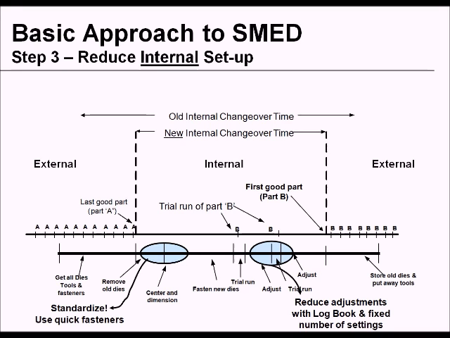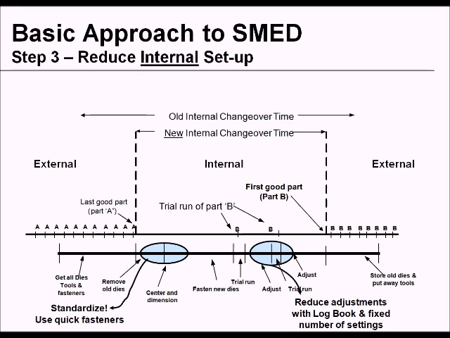Those were all moved to external time. Other things you can do are standardize things so they're done the same way, consistently and quicker, and document settings for each of the different types of parts, maybe with a logbook, to reduce the trial time to get that first good piece.